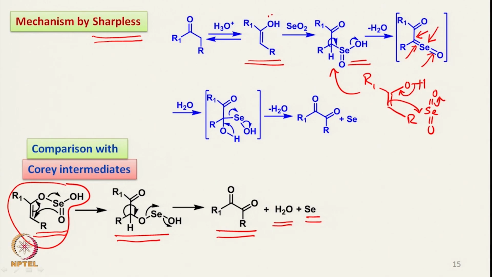So essentially they are similar except for whether the enol attacks the oxygen or the carbon, and of course the subsequent fate of the remaining intermediates. So these two mechanisms are generally believed to occur.